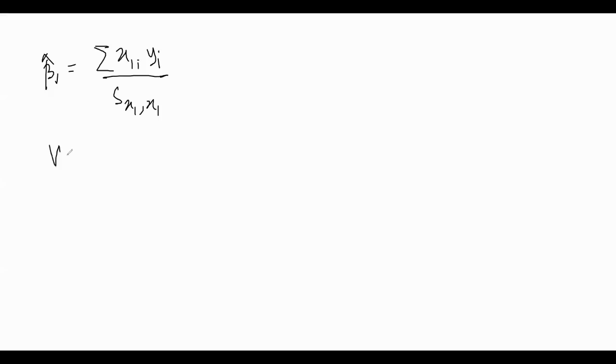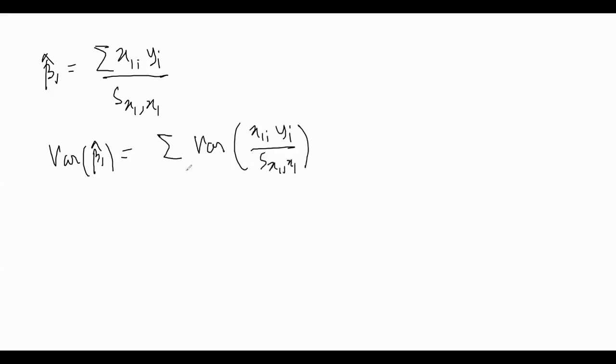So the variance of beta 1 hat will be the summation of variance of x1i yi by S of x1 comma x1. These xi's are constants, so it's summation of x1i square by S of x1 x1 square times the variance of yi. The variance of yi is equal to sigma square.